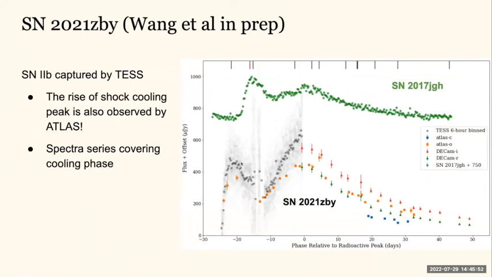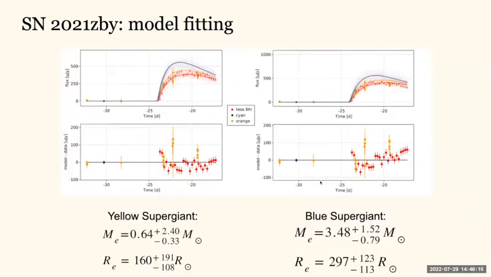And my second question is, for the shock cooling models, do you think you're going to try to differentiate between the blue and the red supergiant? All those models are the Sapir and Waxman, with different n values, but they give very different envelope mass constraints that would indicate very different progenitors. But they both fit your data really well.